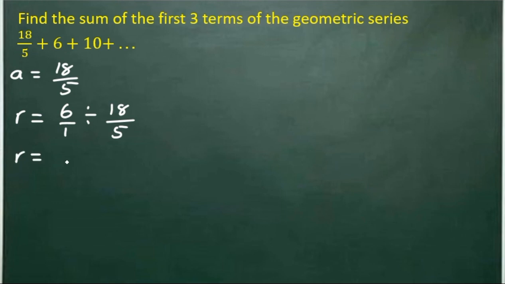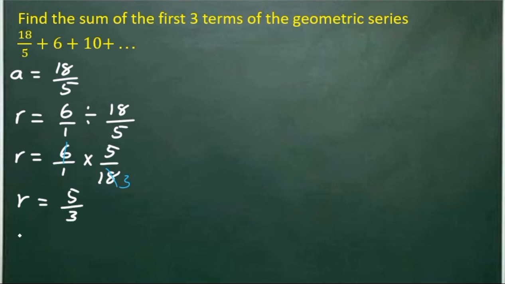Now we can also rewrite this as 6 divided by 1 times 5 over 18. We can see that 6 is gone and of 18 we are left with 3. So the common ratio r will be 5 over 3.